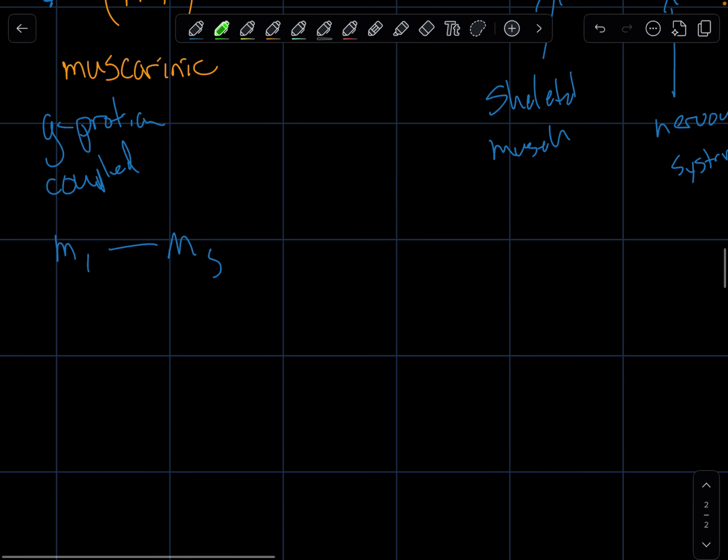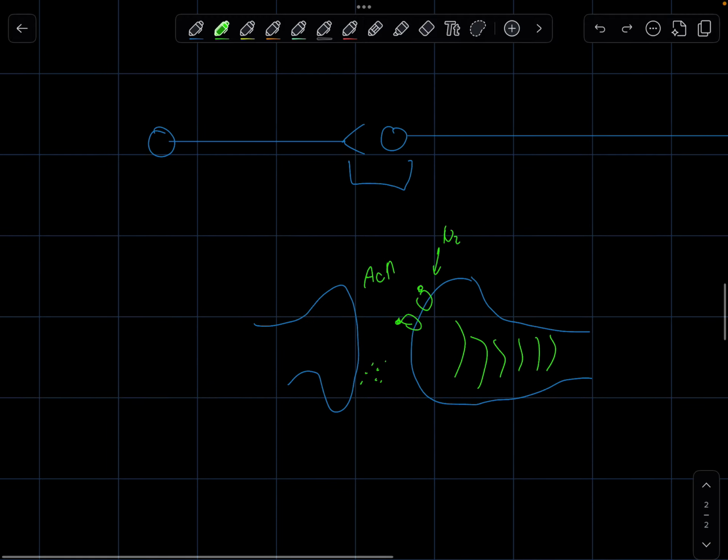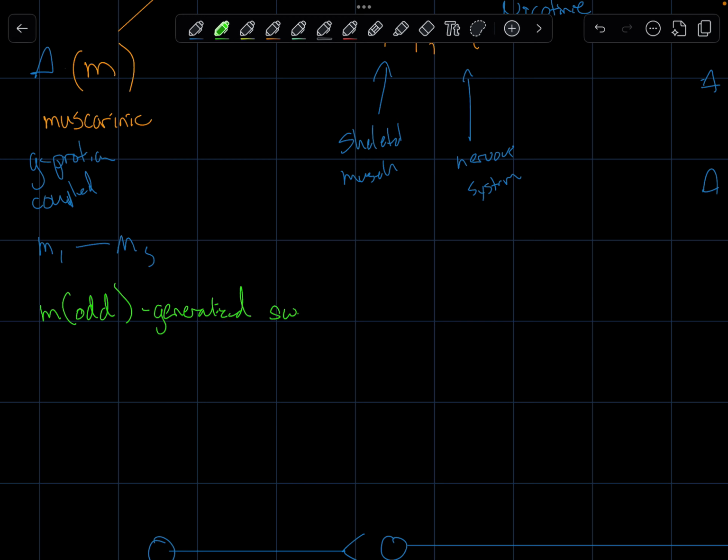With muscarinic, we can take a look at this kind of chart we could draw out. Well, actually, I'll just draw it here. M odds will cause generalized sweating, but sweating is impacted by the sympathetic nervous system.